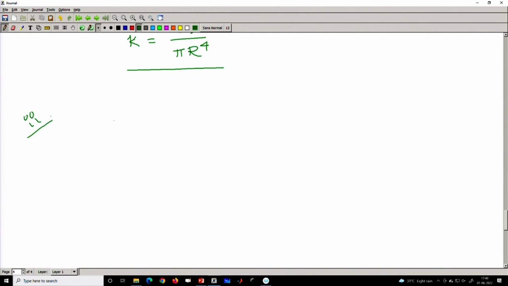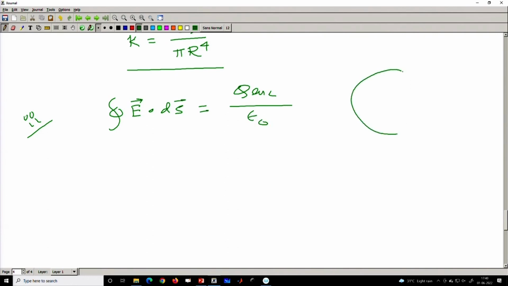Problem 2, I am going to use the total surface integral E dot dS equal to Q enclosed divided by epsilon 0, okay, because I need to find out the field for this spherical distribution where the rho is changing as a function of r.